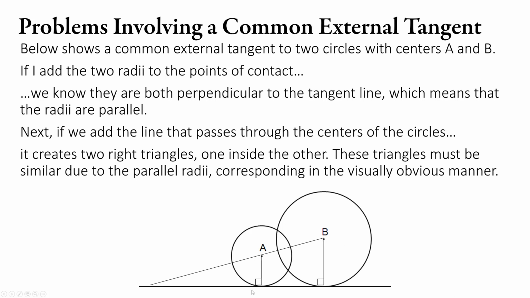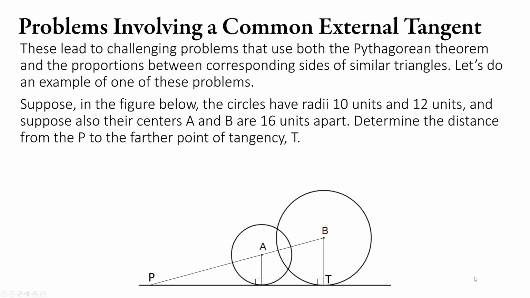Because of these parallel lines, these angles match, they share this angle, so this triangle here must be similar to the larger one, and they correspond in the visually obvious manner. So what we have is similar right triangles, and this leads to challenging problems because they use both the Pythagorean theorem and the proportions between the sides of the similar triangles.